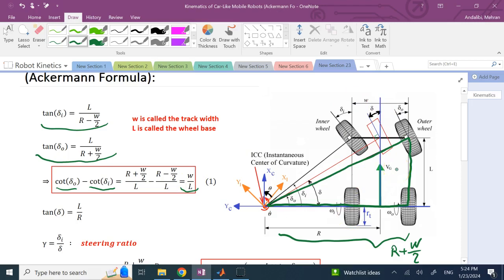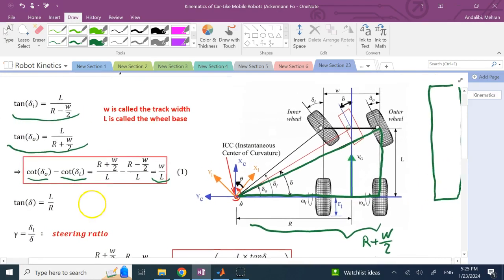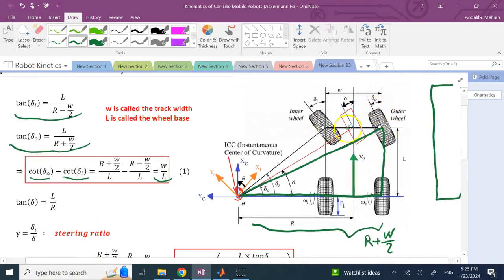So the longer and narrower the car is, the closer these two angles will be, because this ratio goes down. Assuming that you keep W fixed and increase L, the ratio goes down. That means these two angles would be closer.